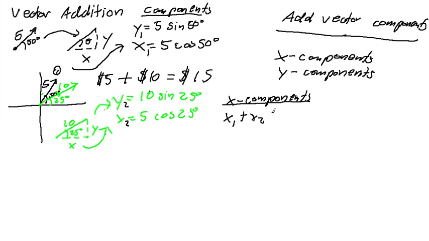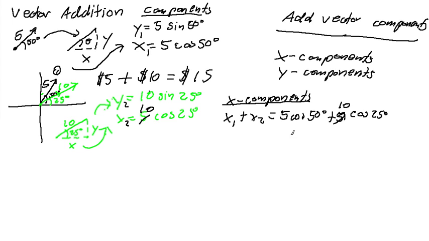And this will give you your total components. So our first x1 was 5 cosine 50. x2 is, I apologize, this should be a 10 cosine 25 degrees.